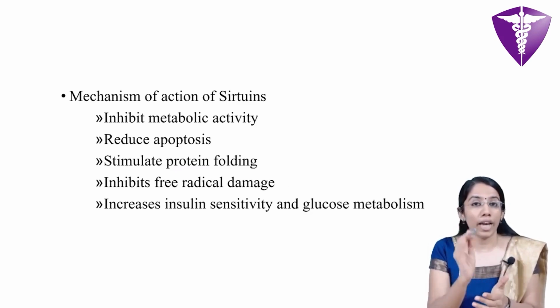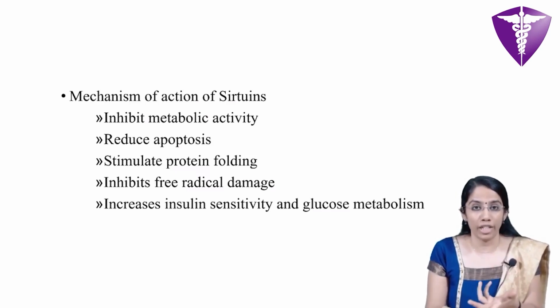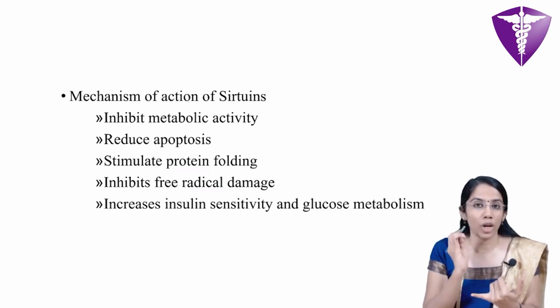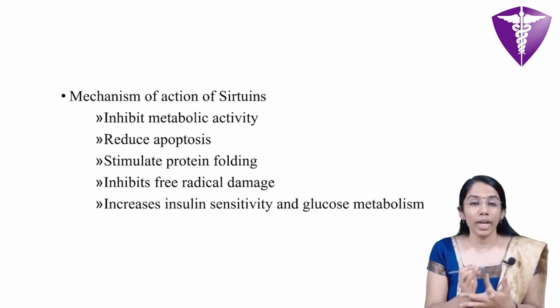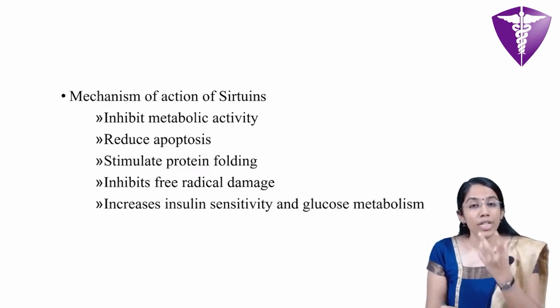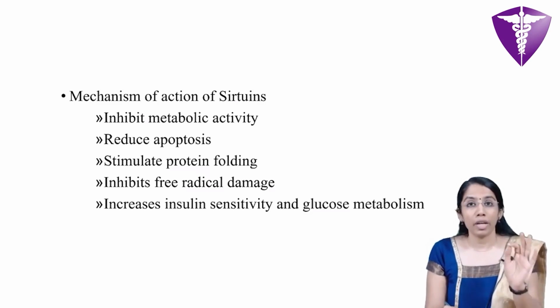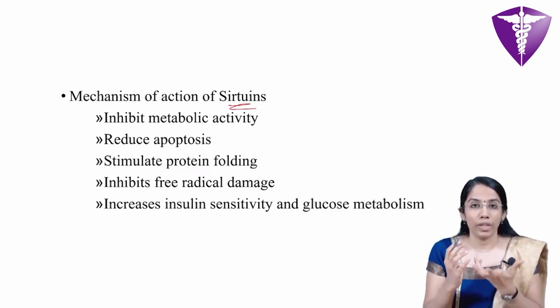This is the mechanism of action of sirtuins, as to how they bring about reversal of the cellular aging trend. One is by inhibiting the metabolic activity, and it reduces apoptosis, stimulates protein folding, inhibits free radical damage, and increases insulin sensitivity and glucose metabolism. So these are the points by which sirtuins increase the longevity of the cell.